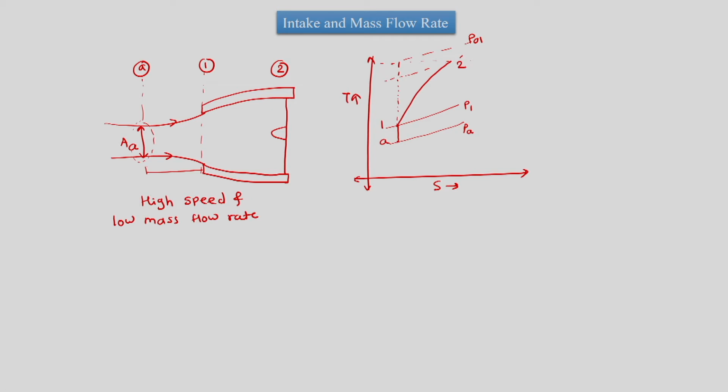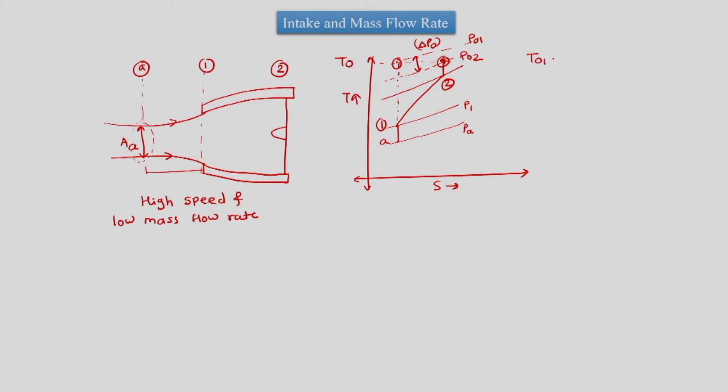So, this is 2. At 2, if we go isentropically towards total conditions, then we will be at P02. So, this is P02, this would have been P01. So, this is the loss in total pressure at the intake, delta P naught in the intake, but we should note here that the total temperature is the same.